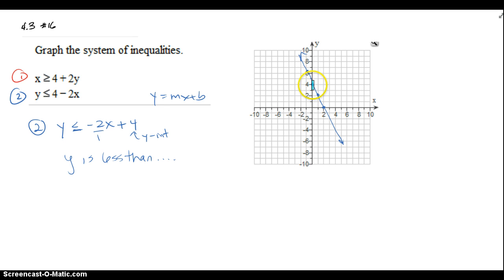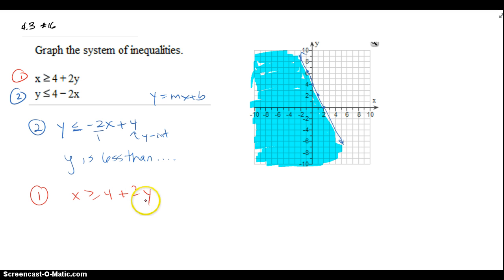I always like standing at the y-intercept, and if I go up, y gets bigger. If I go down, y gets smaller, and this problem says y has to be less than or equal to, so I shade everything down here below the line. So all of these are part of my solution for the blue line, but that's only just one of the lines. I have to go analyze the red line as well.